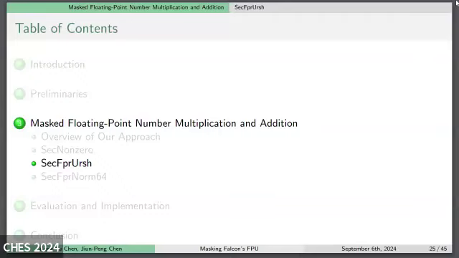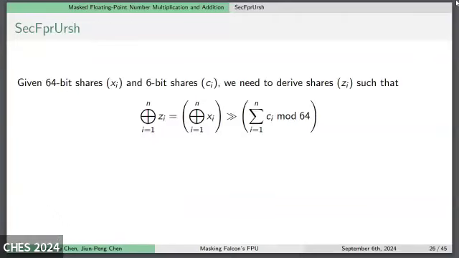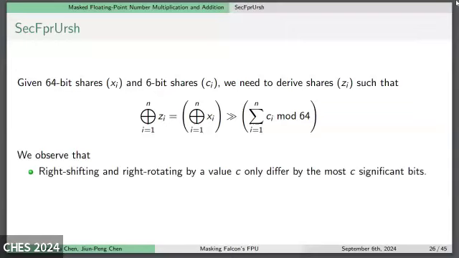Now let's go to secure floating point right shift. Its goal is, given 64-bit shares X and 6-bit shares C, to derive new shares Z such that Z is X shifted by C bits. To do so, we observe that right shifting and right rotating are very similar. Right shifting and right rotating by a value C only differ in the most significant bits of the result.